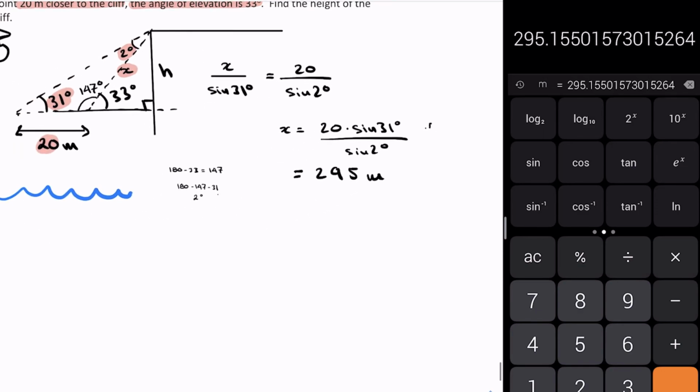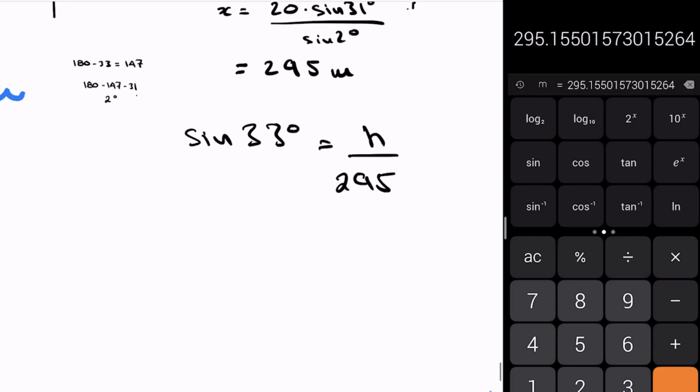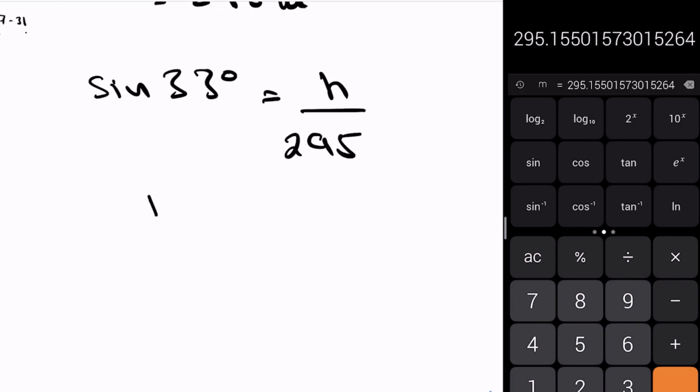So we have our x value, which is 295, and now I can use SOHCAHTOA on this triangle to solve for my h value. If you recall, sine of 33 degrees is going to be h over 295. I can rearrange this equation and solve for h, and I get h equals 295 times sine of 33.